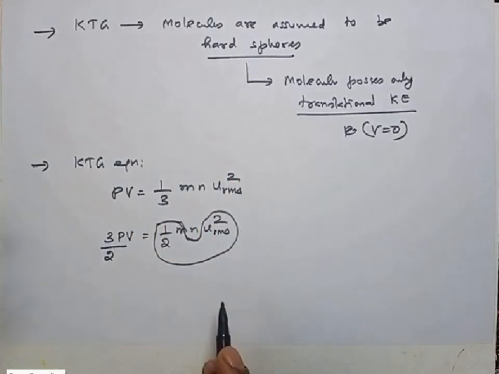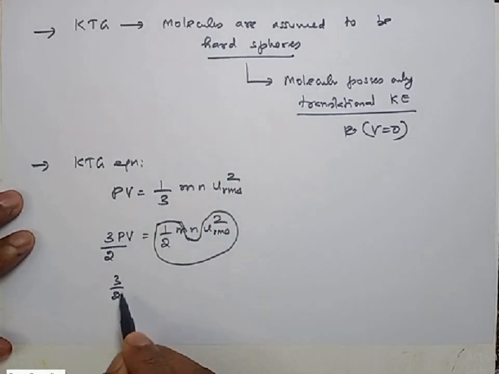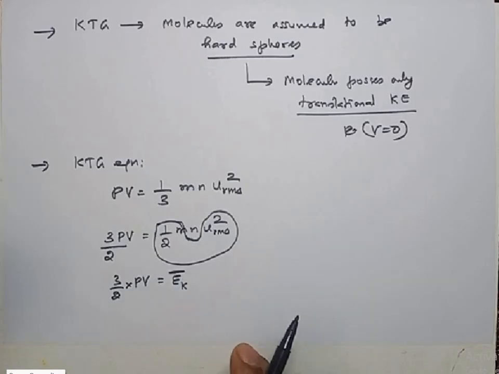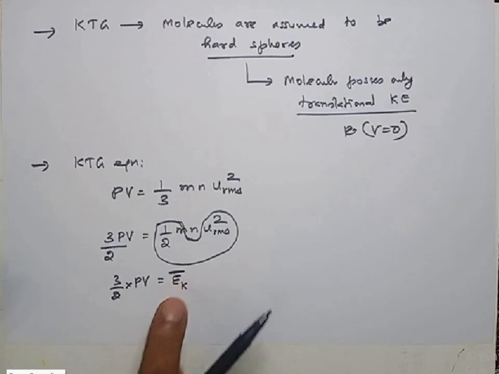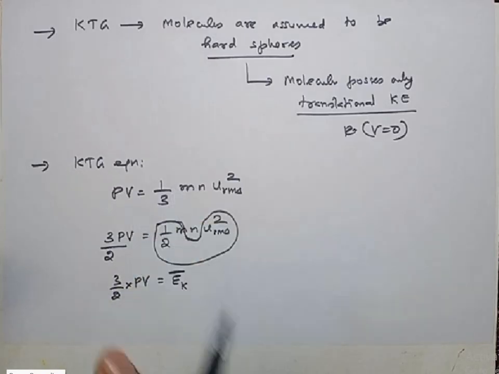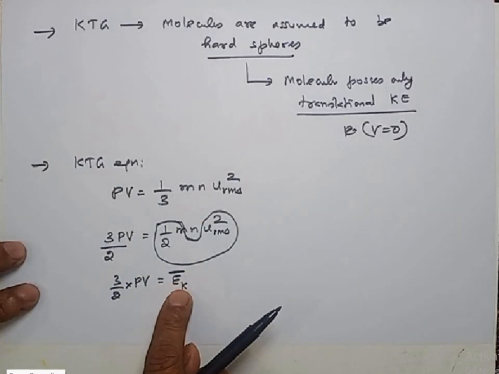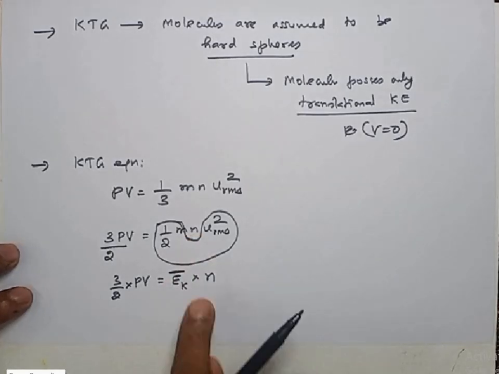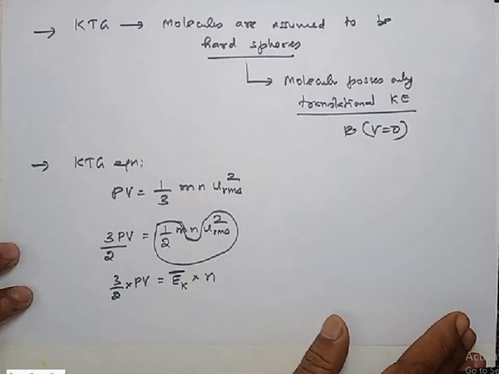So 3 by 2 into PV equal to average kinetic energy. I'll put a bar symbol for average, and the small subscript E represents average energy for one molecule, into N. N is the total number of molecules.